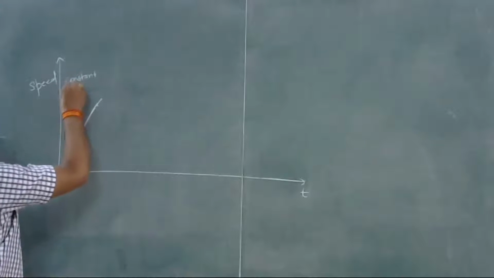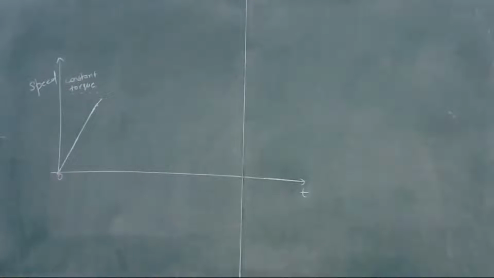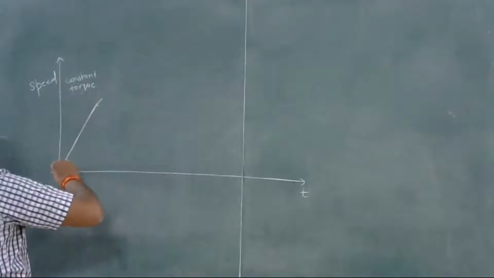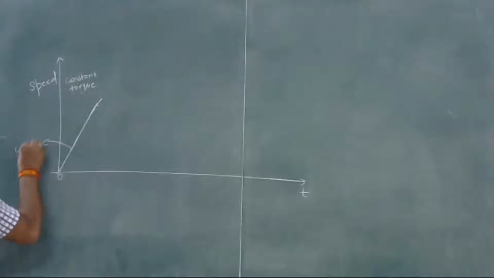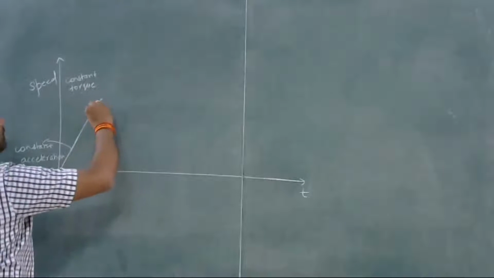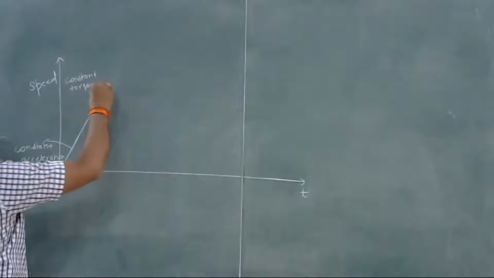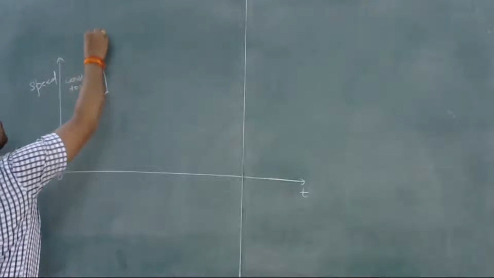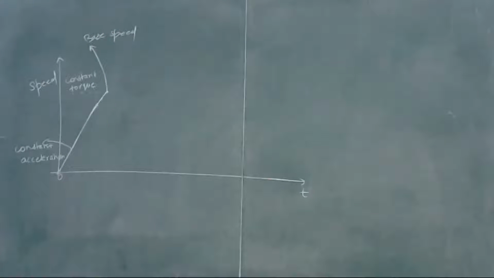constant torque region. Okay. So initially when the train starts, it accelerates with constant acceleration and torque remains almost constant up to when base speed is achieved. Okay.